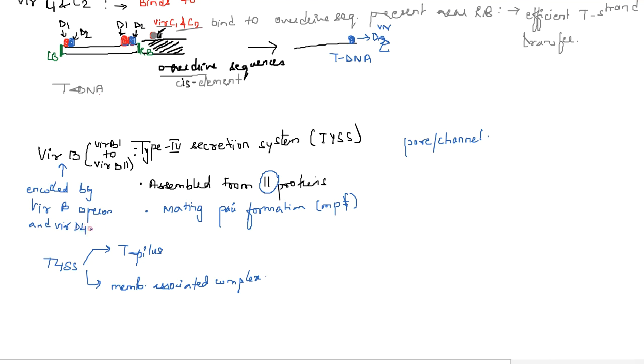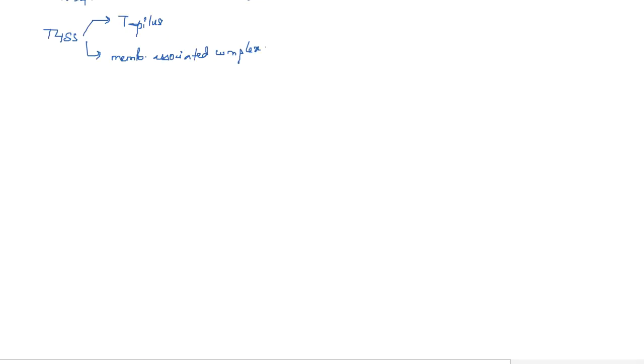So Vir B operon and Vir D4 together will make the type 4 secretion system. Understood? And this type 4 secretion system will help in the entry of the tDNA into the plant cell.